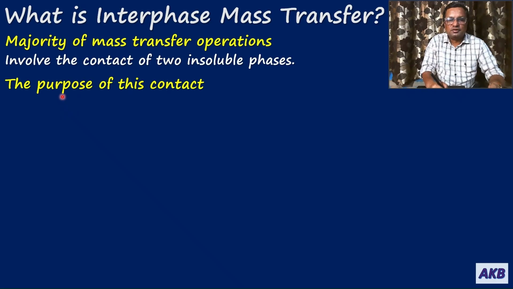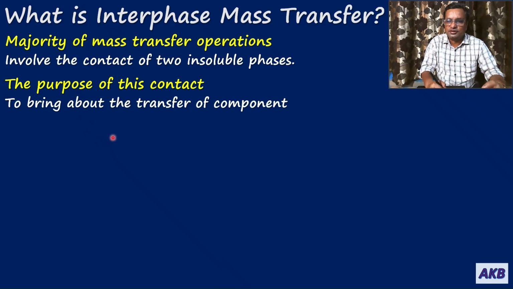What is the purpose of bringing such two insoluble phases in contact with each other? The purpose is to bring about the mass transfer of components between them. The objective is to have transfer of the constituents of those phases between them. So the purpose of this contact is to bring about the transfer of the components of those two phases among the two phases.